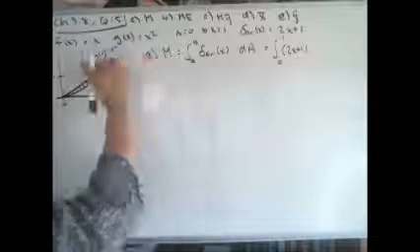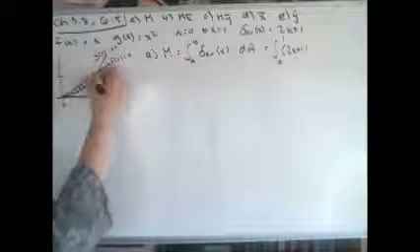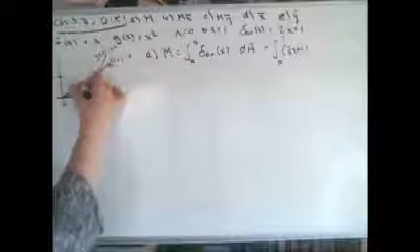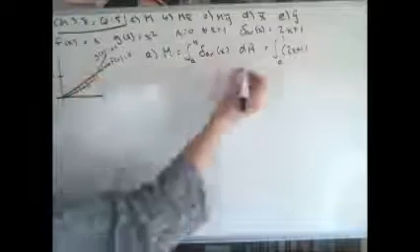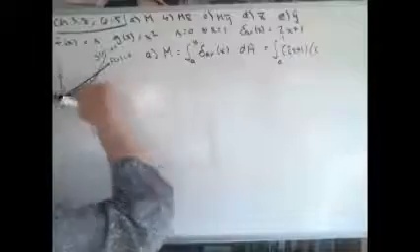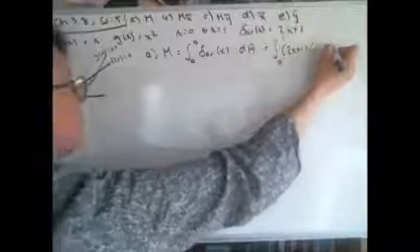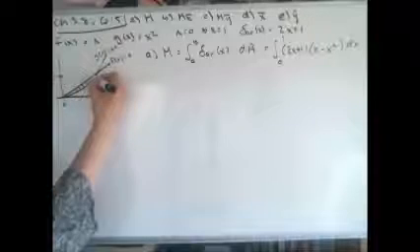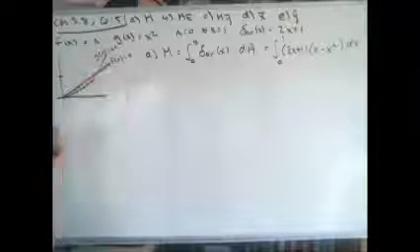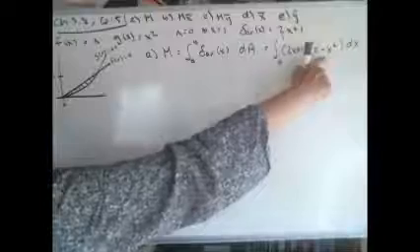The area of the region is our top function, f of x, minus our bottom function, g of x. So f of x is equal to x, and our bottom function is equal to x squared, as a function of dx. Remember, the area of this region is the top minus the bottom. So that's how we got this function right here.